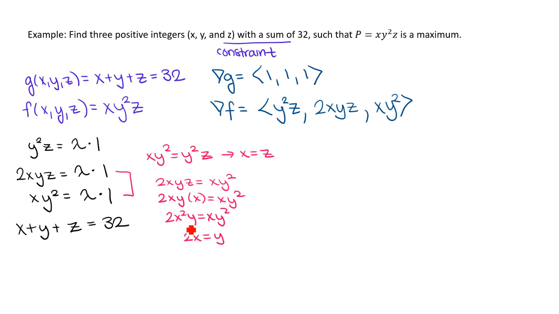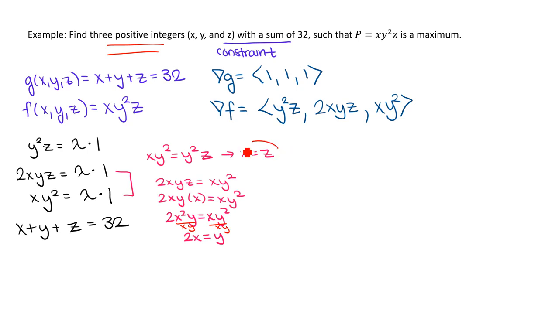So that means 2x squared y has to equal xy squared. Again, we're not going to worry about x equals 0, y equals 0, because the numbers we're finding are positive. So let's see, I could divide both sides by xy, and I get 2x equals y.